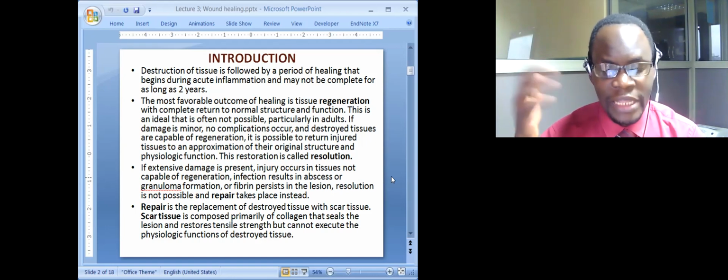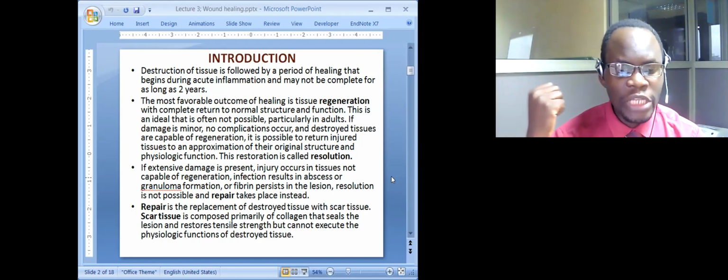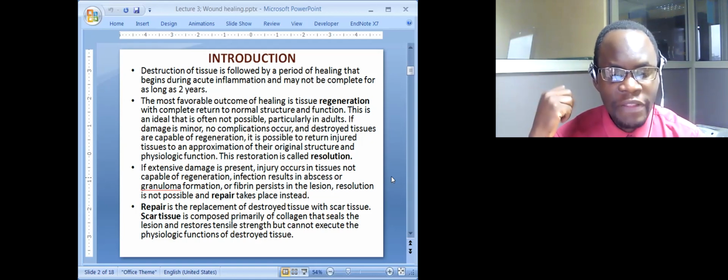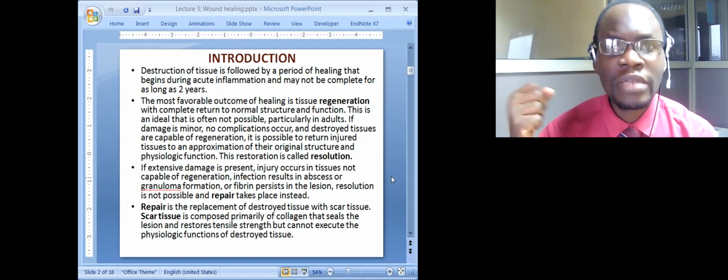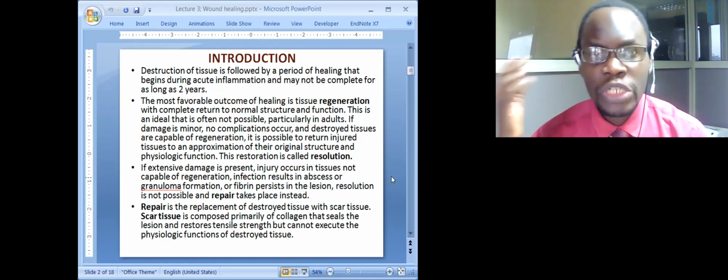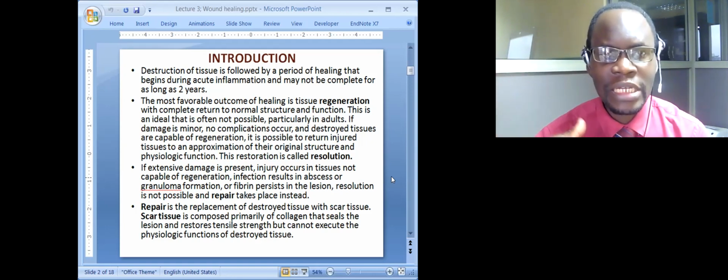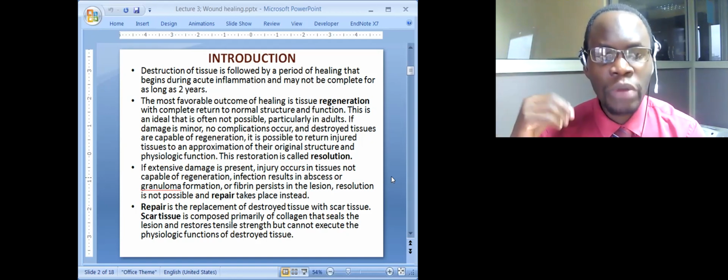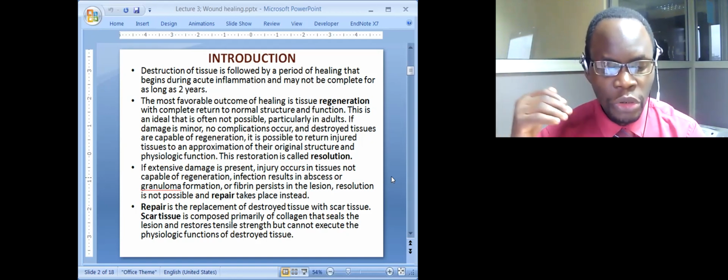So if there is minimal damage, and less tissue has been destroyed, and there are no complications as far as the wound is concerned, then there is some kind of return to normal, but it is not 100% return to normal.